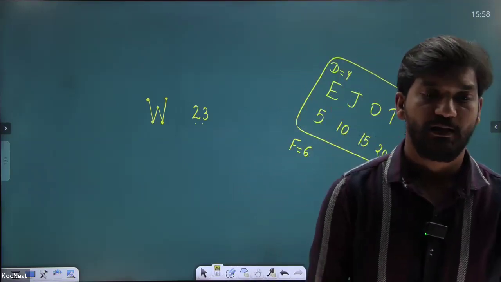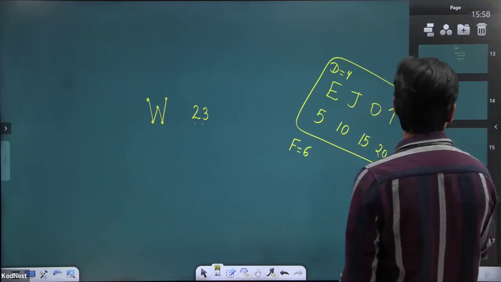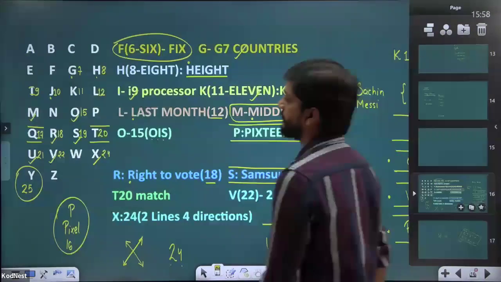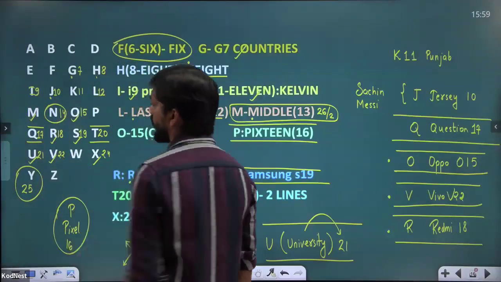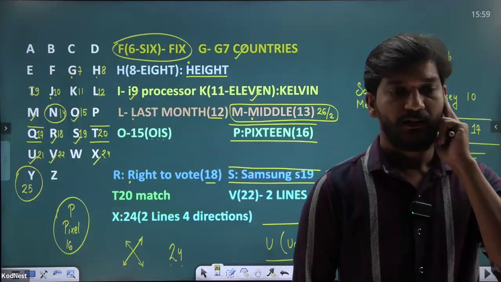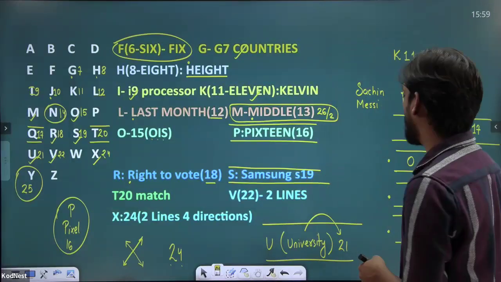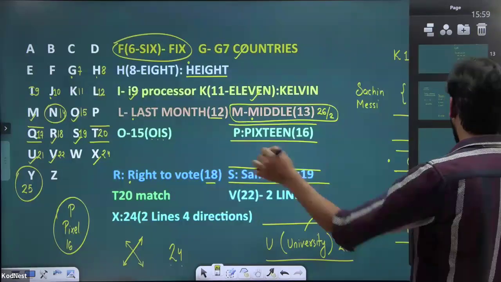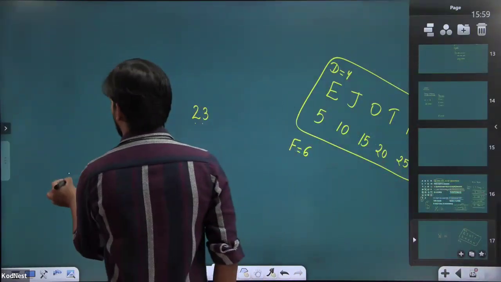Okay. November 14. What is November 14? Children's Day. Okay. Anything else? Any special day on any other letter you can think? All right.